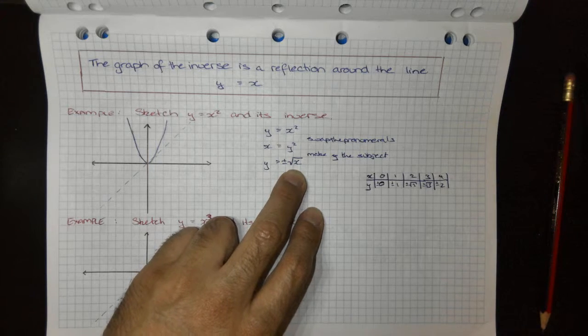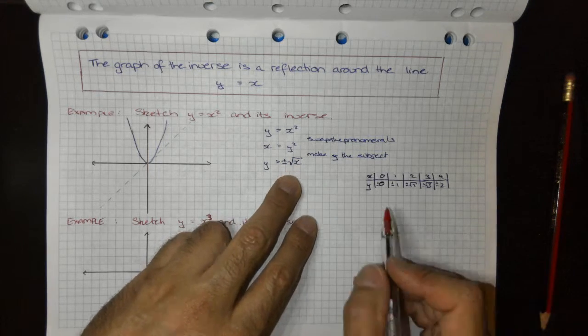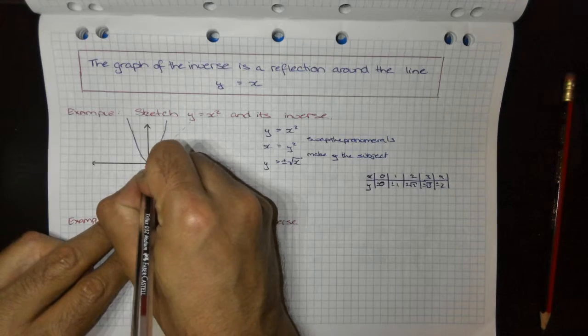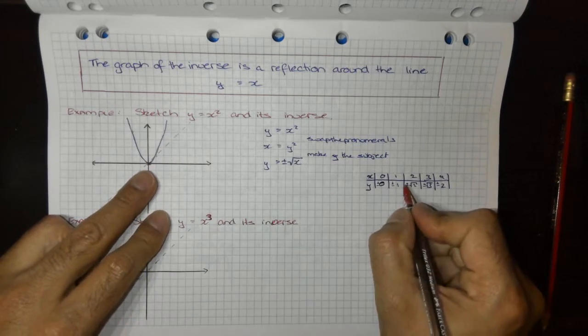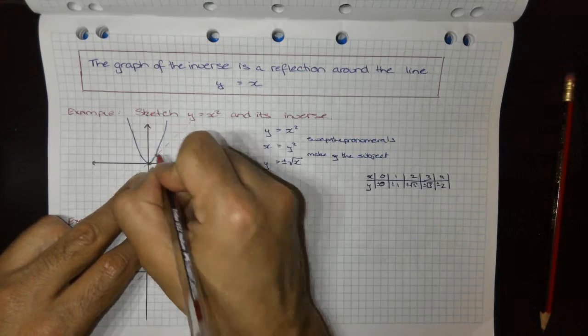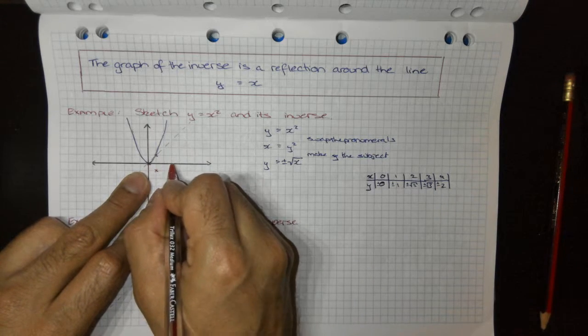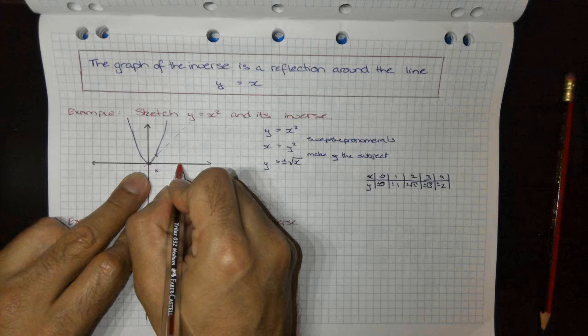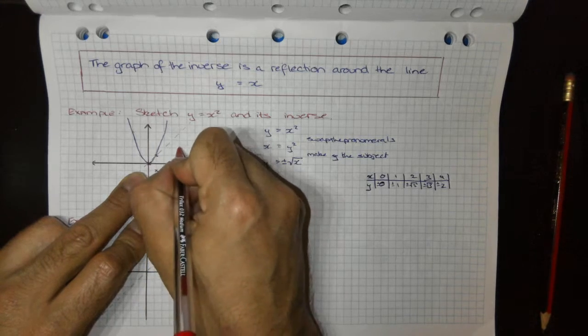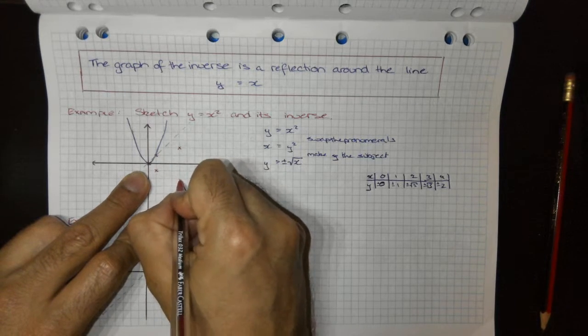Okay. So if I was to do it, we're going to do this in red. So we're going to start here at 0. We've got 1 and 1. And I'm going to do 4, 2, and that's 2 and 2.